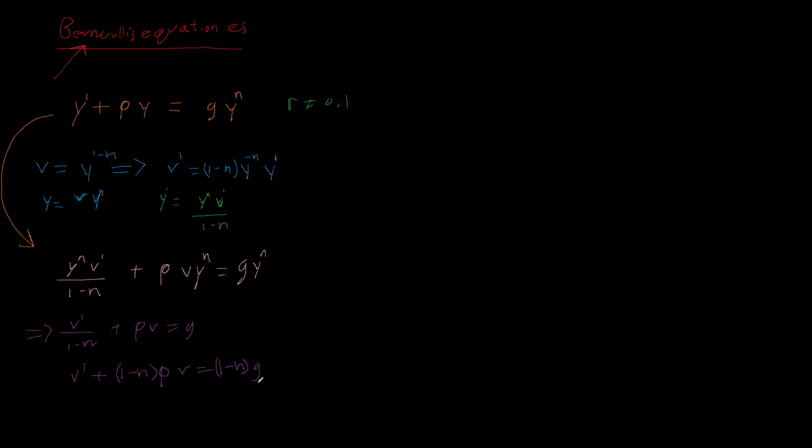So let's go ahead and solve that. We find the solution for v. V is equal to, and this is a bit long, e to the power of 1 minus n integral p, negative p of t dt, times this big integral of e to the power 1 minus n.